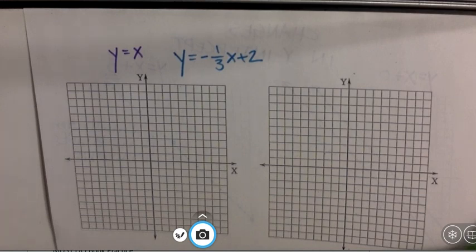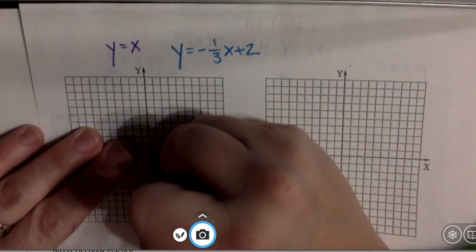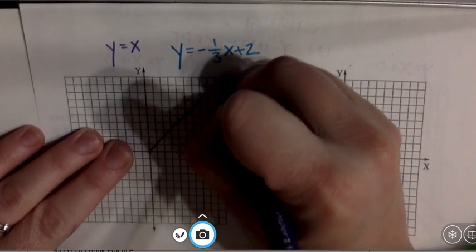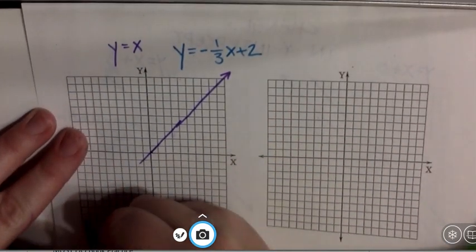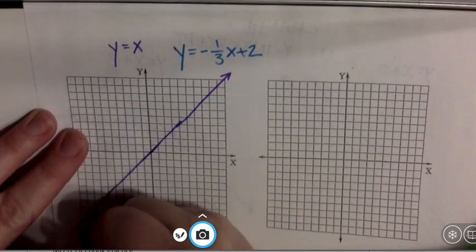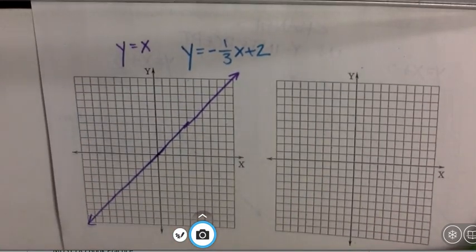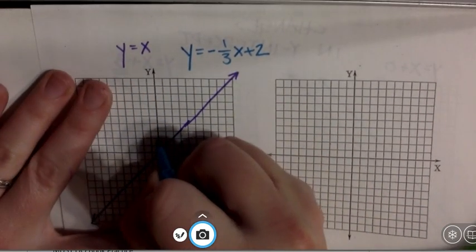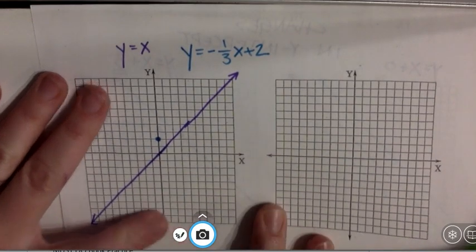Our parent equation looks like this if we were to graph it. And our translated, reflected, rotated equation, if I were to write this out, has a y-intercept of 2.